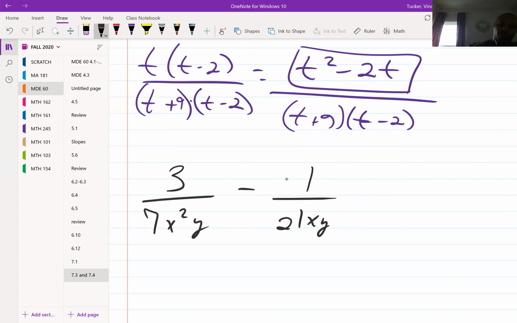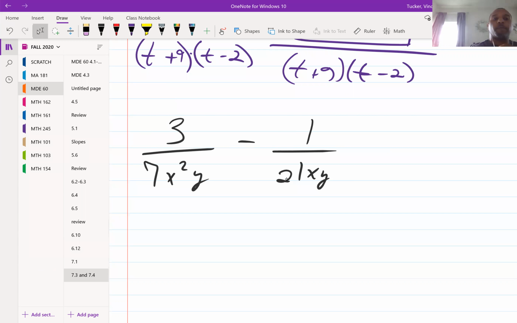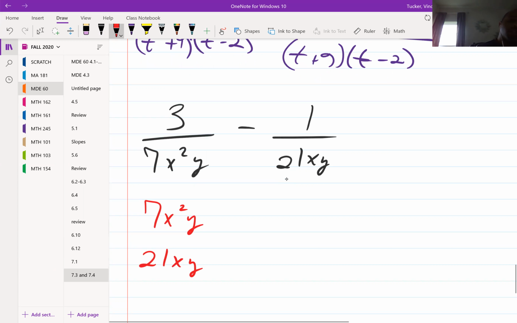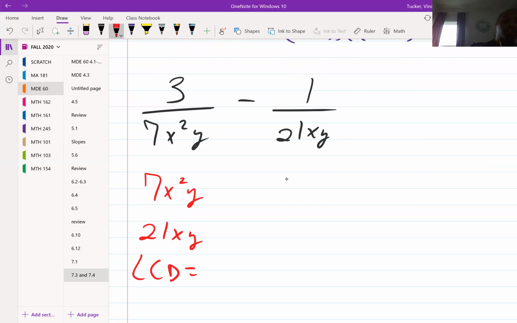All right, so we have 3 over 7x squared y minus 1 over 21y. So we need common denominators, and we need to figure out what the LCD is between the both of them.